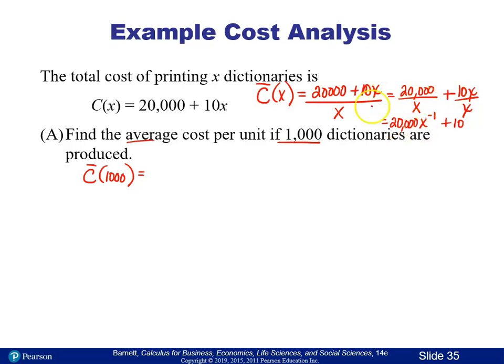So it doesn't really matter which form we use, but if we do 20,000 over 1,000 and then plus 10, okay, so this is going to be, 1,000 goes into 20,000 20 times. Okay, so the average cost per unit is going to be $30. So $30 per unit.